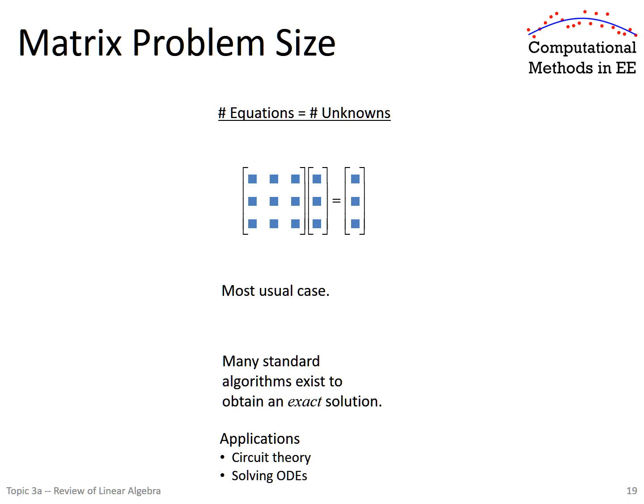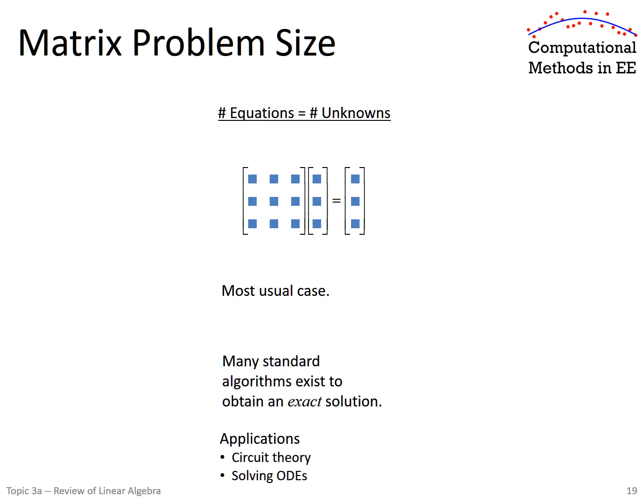Another way that I like to think about a matrix equation is just in terms of its size. And just by looking at it, we can see a lot about it. So here we're looking at a matrix equation. We see there's just as many rows as there are columns. This means we have just as many equations as there are unknowns. That means we can solve this with very well-established algorithms.